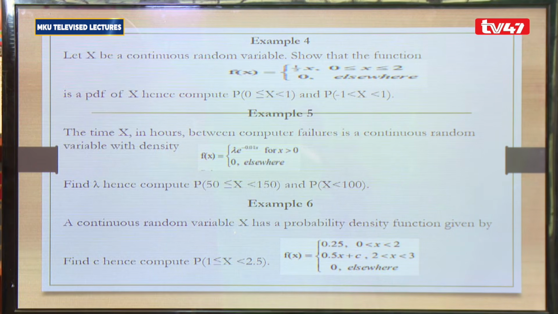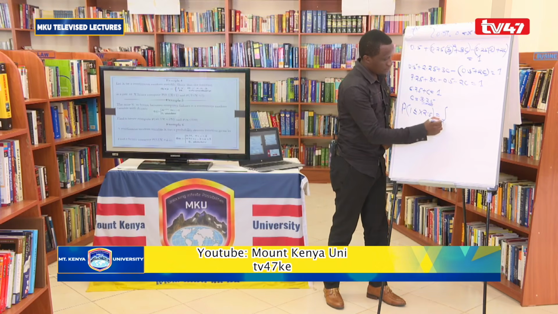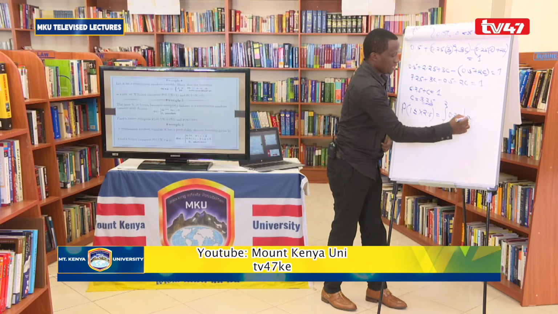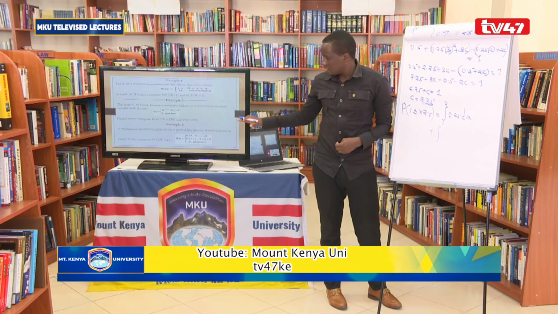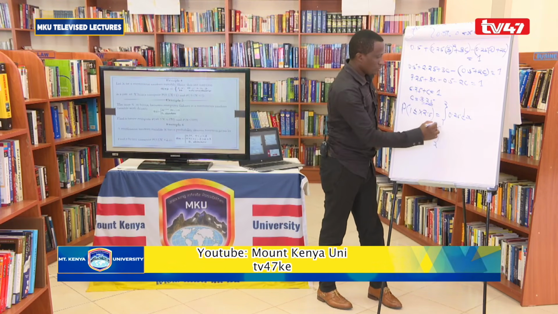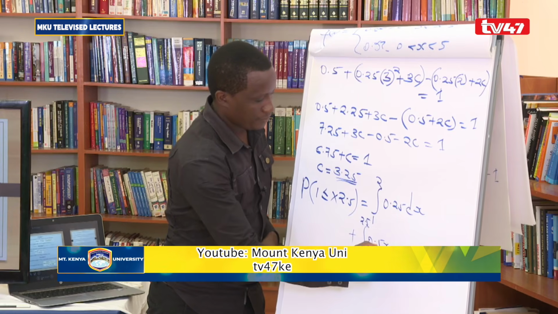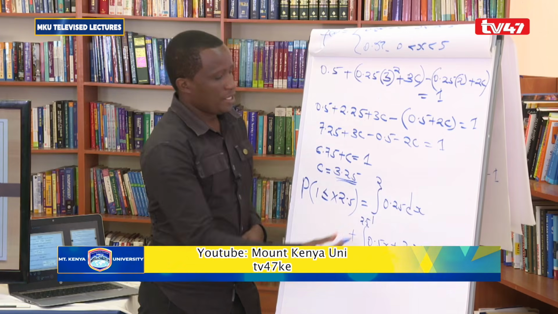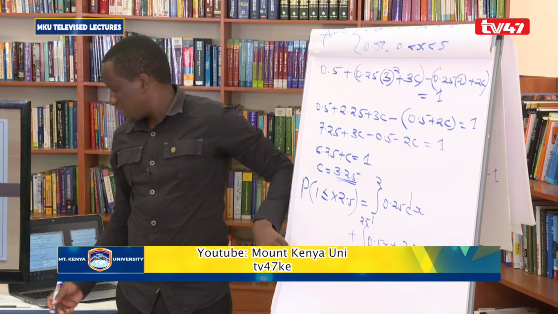So first we can integrate from 1 to 2 because it lies in the first part. So we will integrate from 1 to 2 of 0.25 with respect to x, plus the integral of the other part, from 2 to 2.5, which lies in the second part. So we will integrate from 2 to 2.5 of 0.5x plus c, where c we got as 3.25. And then whatever result you get from this, you add to the first to get the corresponding probability in that interval.